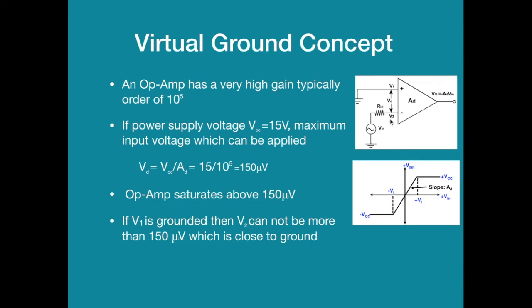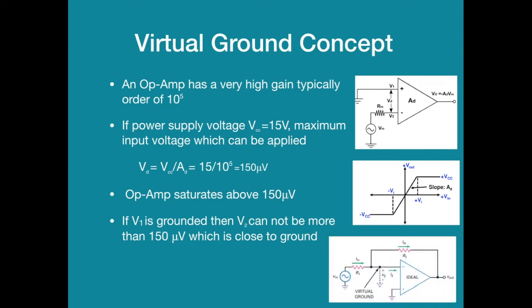V2 cannot exceed 150 microvolts in this case, right? And 150 microvolts is very close to ground, and so we say that V2 is at virtual ground. V2 is equal to V1. If V1 is grounded, V2 will be at the ground potential.